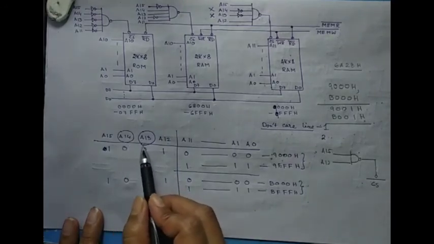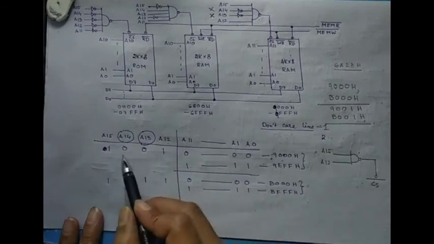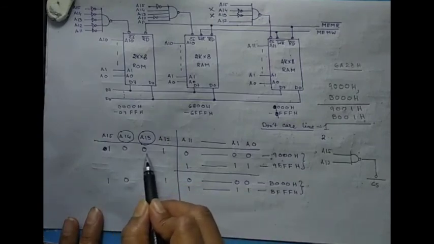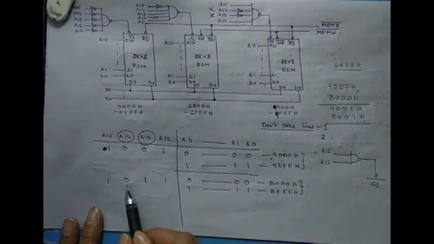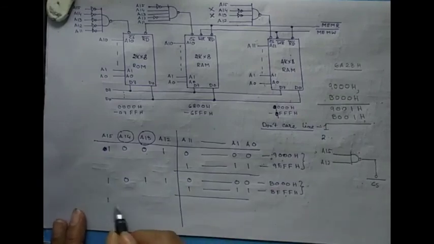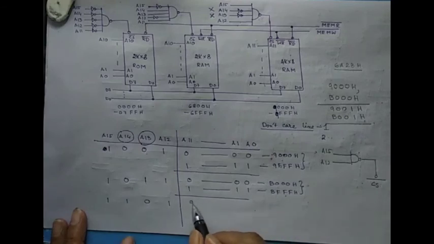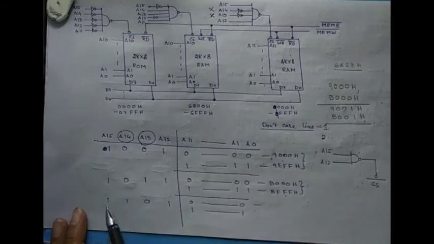So if A14 and A13 are assumed to be at 00 logic level, then this will be the address range. If I make them 01, then this will be the address range. They can well be at 10 logic level. Then the address range, which you can easily find out, will be C000 hex to CFFF hex.